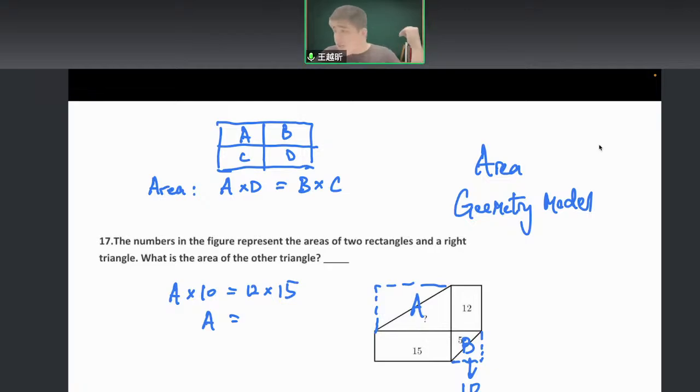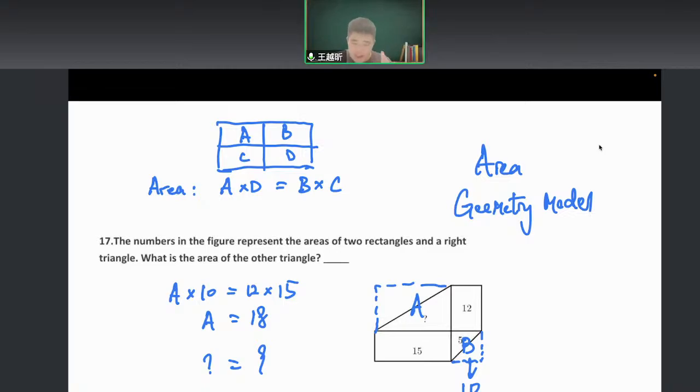So the area with the question mark is half of the area of part A. So the question mark has an area of 9.